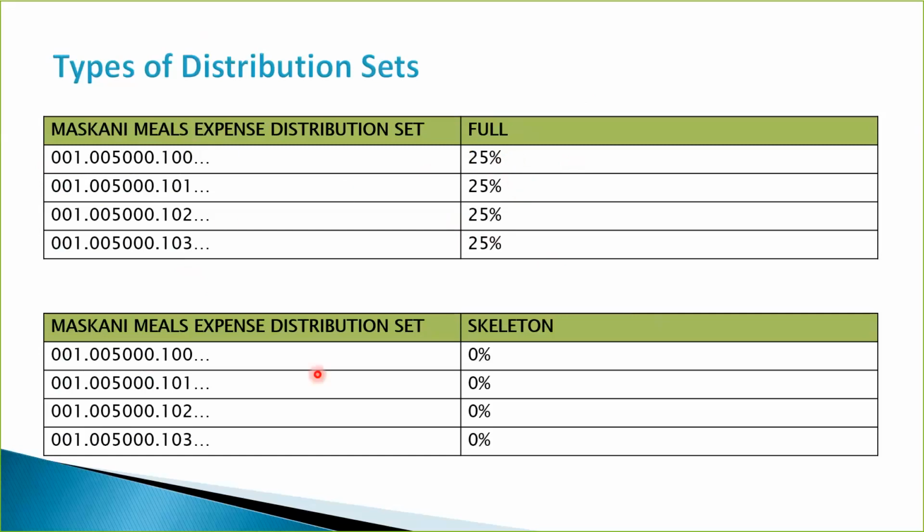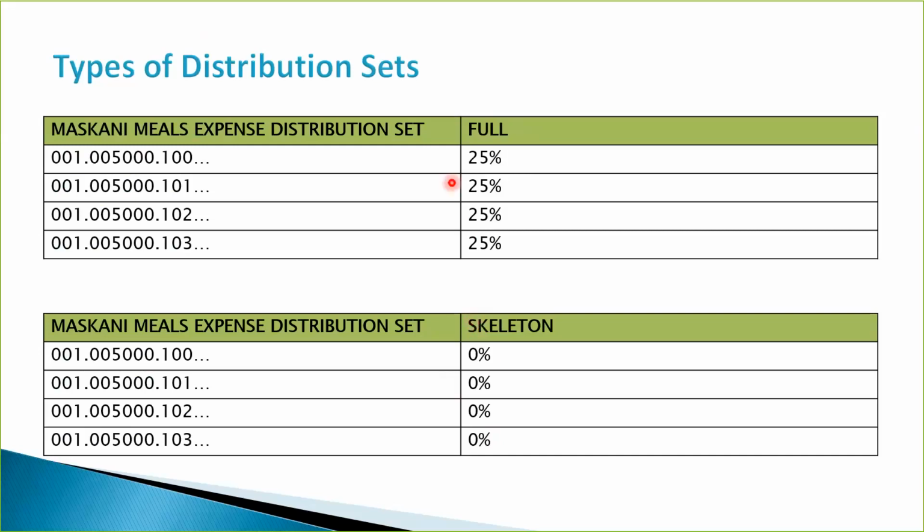For the skeleton, on the other hand, you don't define the percentages. What you enter is just 0%, all right? And when you enter the amount this way, the system automatically knows what kind of distribution set you're creating. So you'll see that there's nowhere we go and select the type of distribution set.